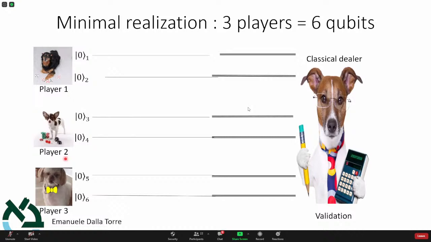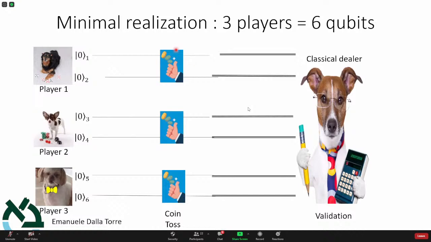What is the problem? The problem is that while playing the game, each of the players tosses a coin, 0 or 1. And the coin actually affects the rules of the game. So the rules of the game change depending on the results of the coin. The problem is that when the game starts, the players are not allowed to talk to each other.